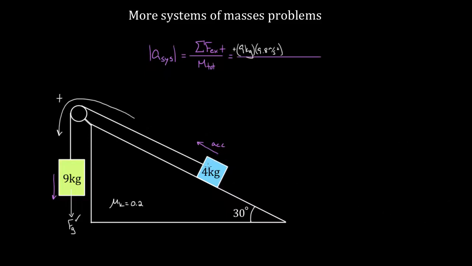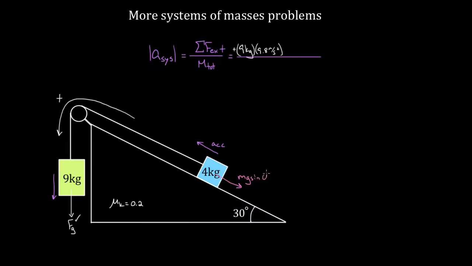Well, the gravity of this 4-kilogram mass resists acceleration, but not all of the gravity. The gravity of this 4-kilogram mass points straight down, but it's only this component this way which resists the motion of the system in this direction. And what is this component? This is mg sine theta.